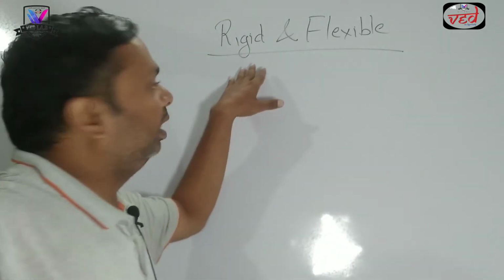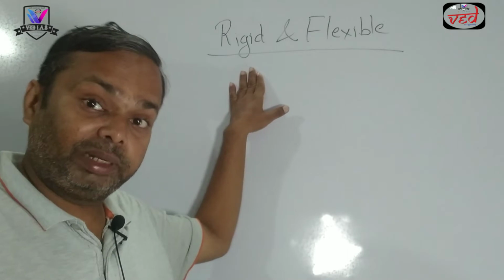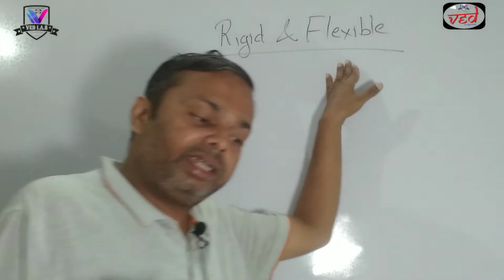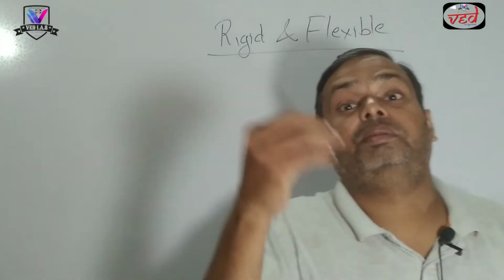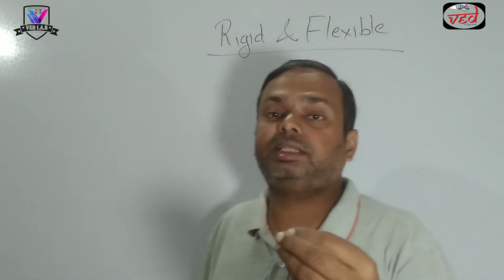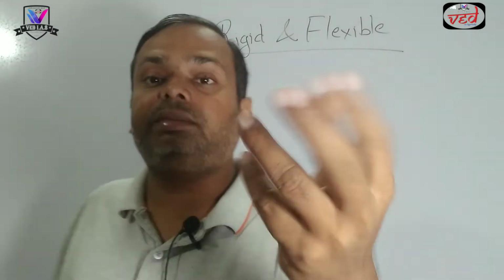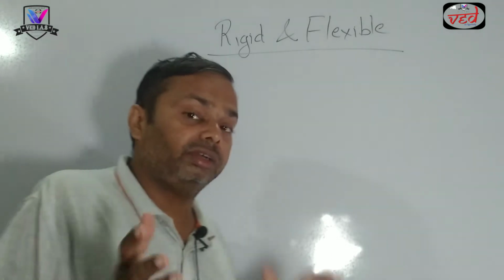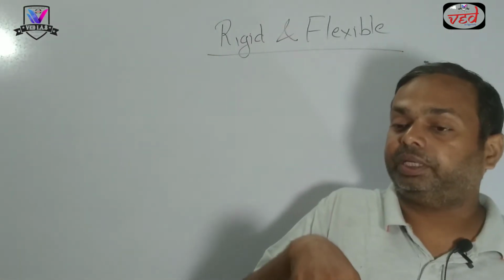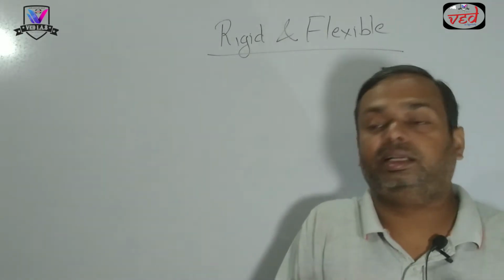Depending on this, what is the rigid part and what is the flexible part, it totally depends upon the nature of the amendment. What type of amendments are made in that particular constitution, what is the process of that amendment, how that constitution is amended.